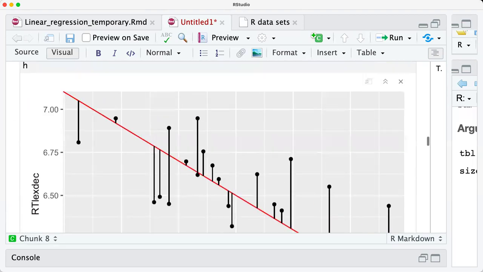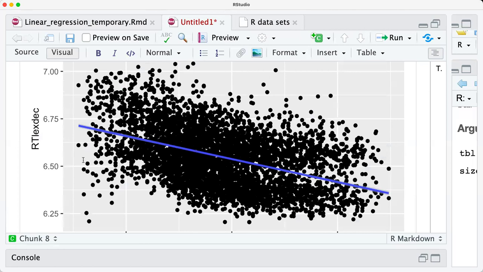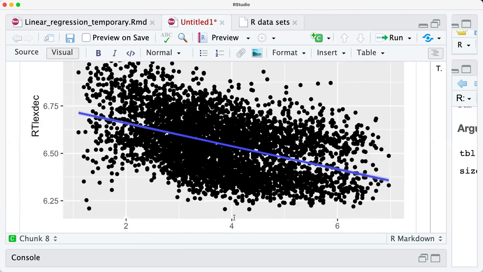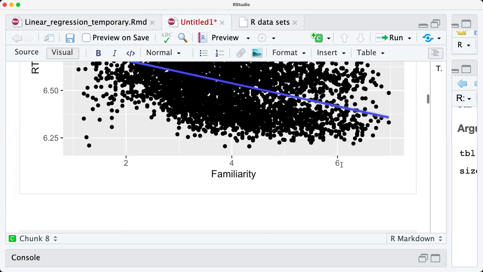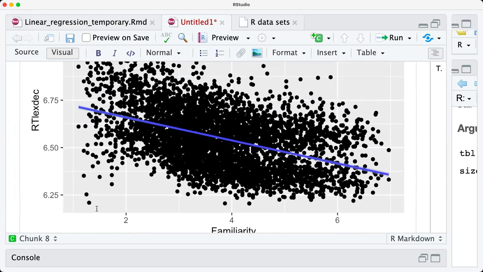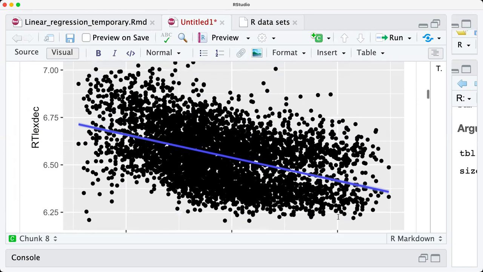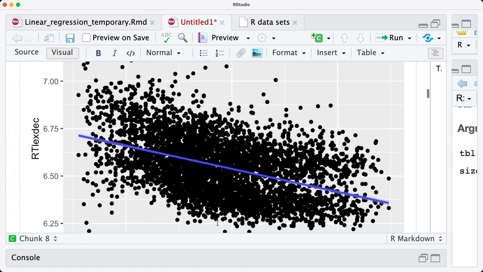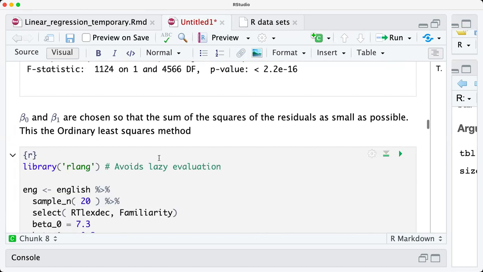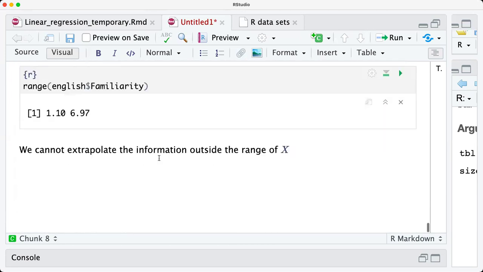So if I try to predict something here, it makes sense, because I use data that are here, but if I go to 0, there won't be points, and it simply doesn't make sense. The prediction would be good from 1 to 7, even from 1.5 to 6.5, something like that. But beware: don't extrapolate information.